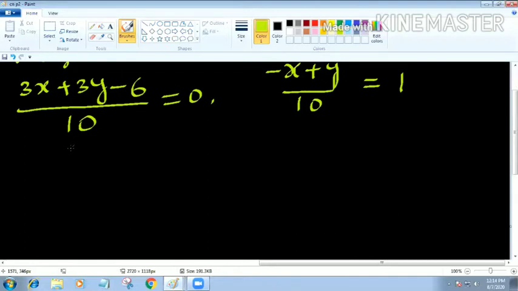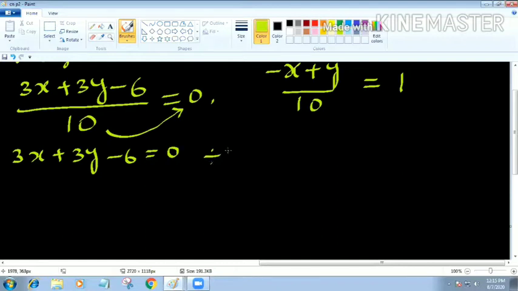Now, from the real part, 10 into 0 will become 0. So we get 3x plus 3y minus 6 is equal to 0. Dividing the entire equation by 3, we get x plus y minus 2 is equal to 0, and minus 2 taking right side is plus 2.